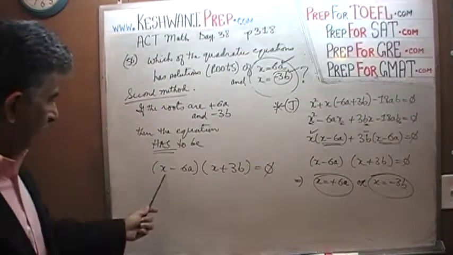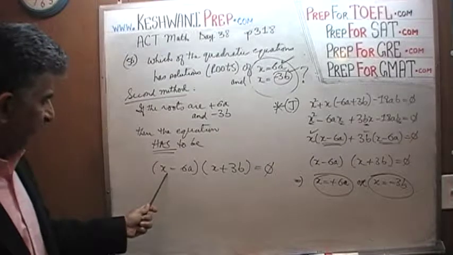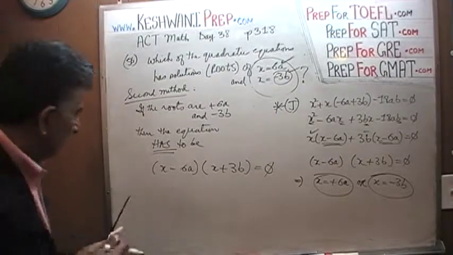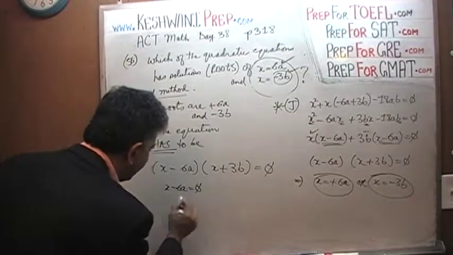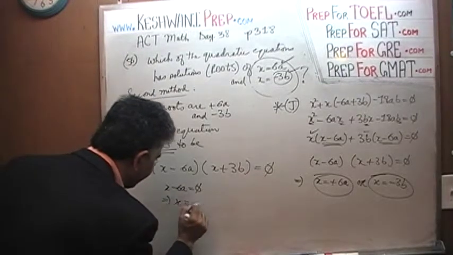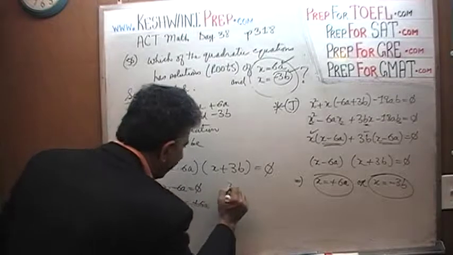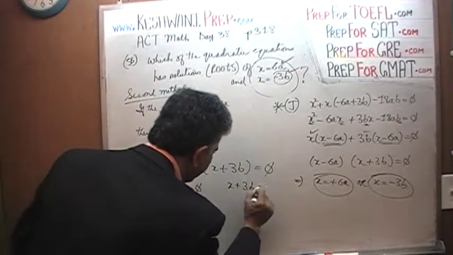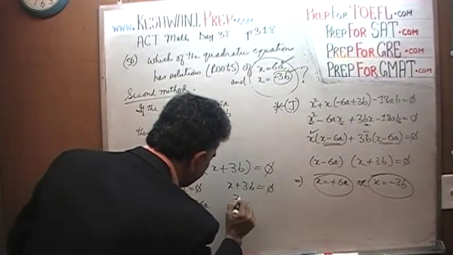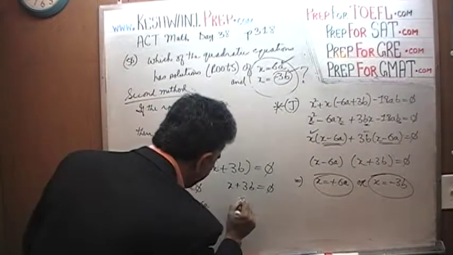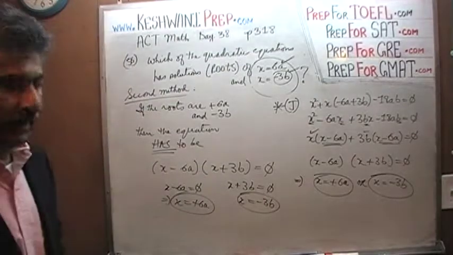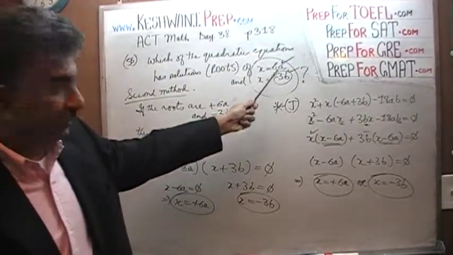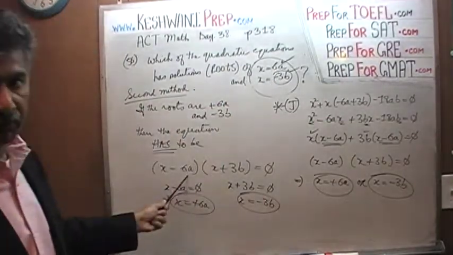When you equate the first quantity to 0, x minus 6a equals 0, this gives us x equal to positive 6a, and x plus 3b equals 0 gives us x equal to negative 3b. So if these are the roots, then this has to be the equation.